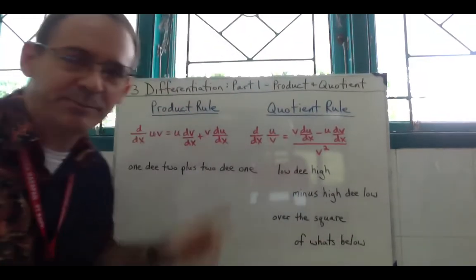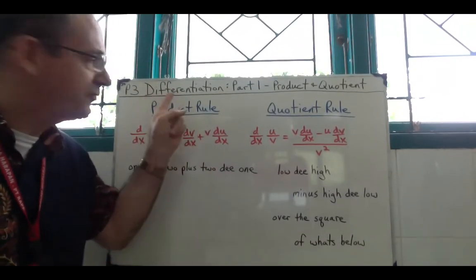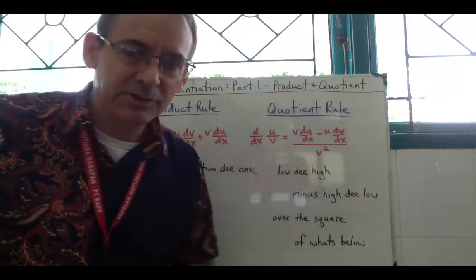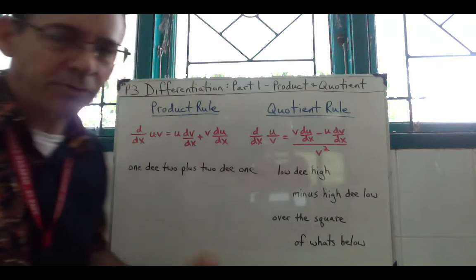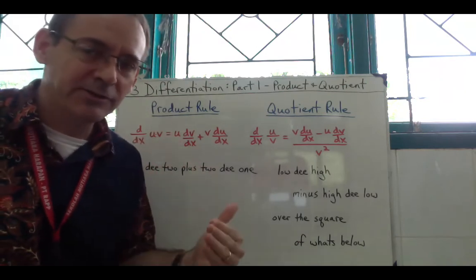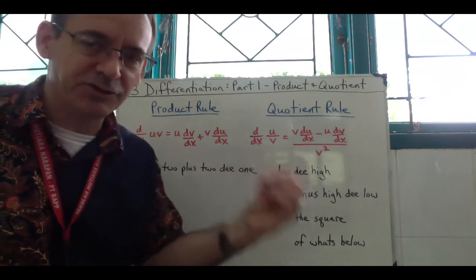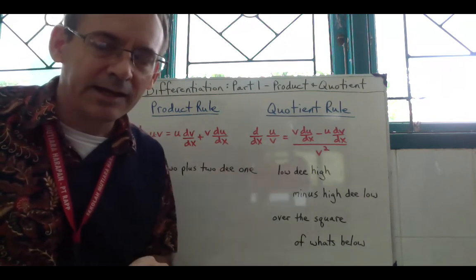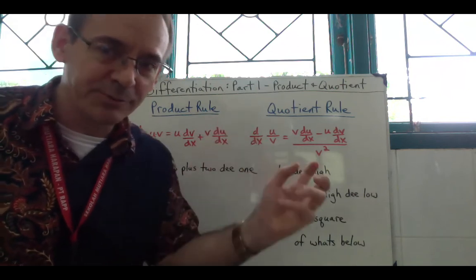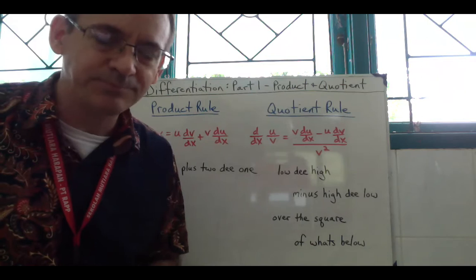Today we want to look at Pure Maths 3, Differentiation, Part 1, Product and Quotient Rules. So basically what we're talking about here, you've already learned how to do the derivative of individual terms, both in algebra, which you learned in Pure Maths 1.